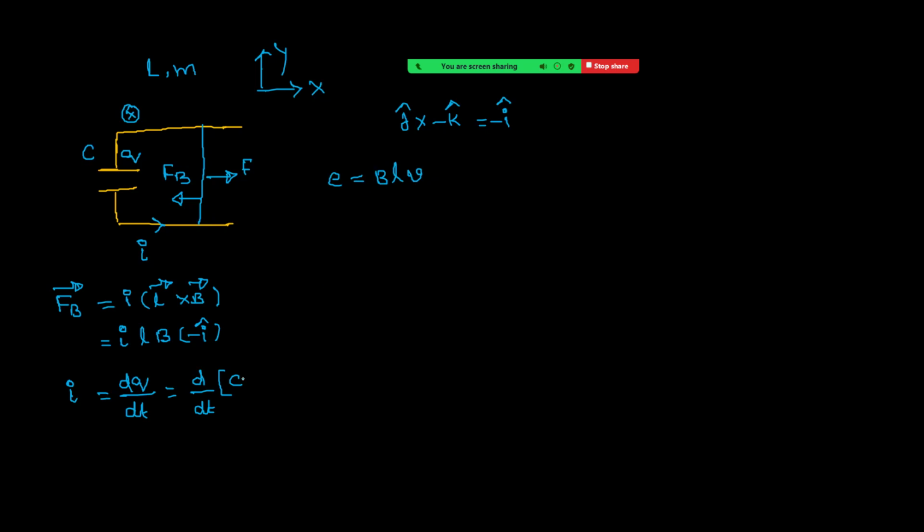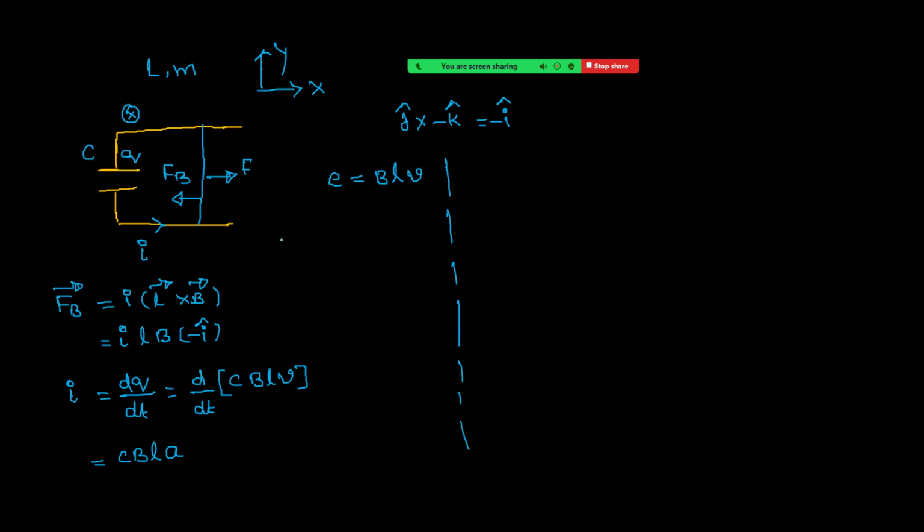Right. So Q equals CV, that is C into BLV. Now see what we get. Take the constants outside: CBL taken outside. The derivative of velocity gives acceleration. Right?